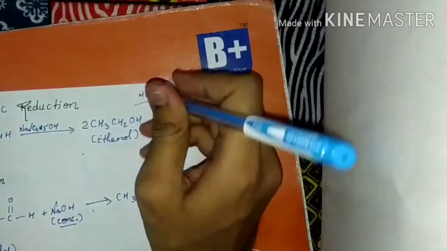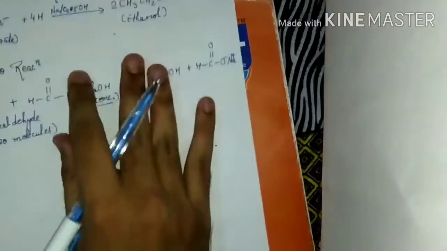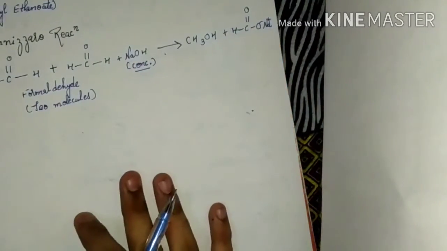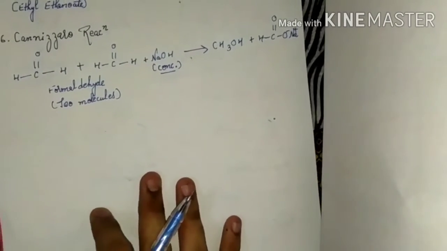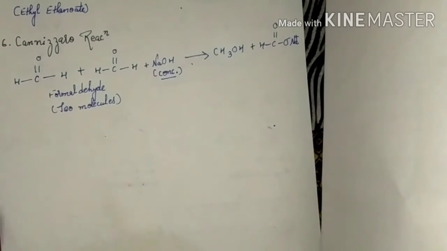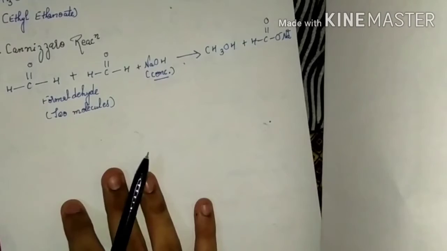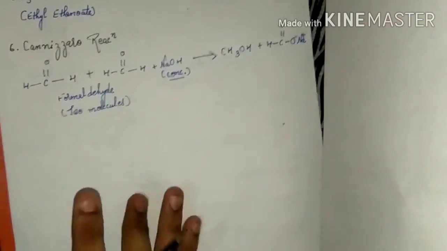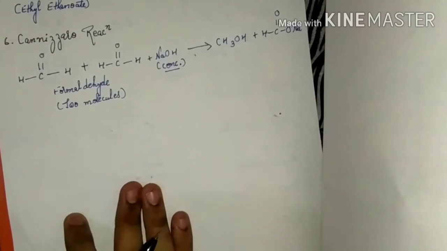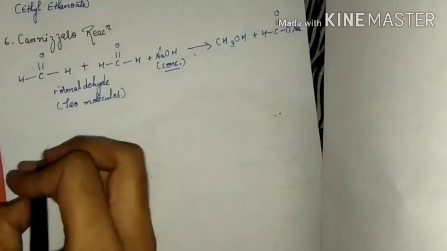You don't have to be confused with this as well. The examiner writes this just to confuse the student, so that he might be examined on his level of understanding of the subject. Okay, so the next reaction is the carbylamine reaction.